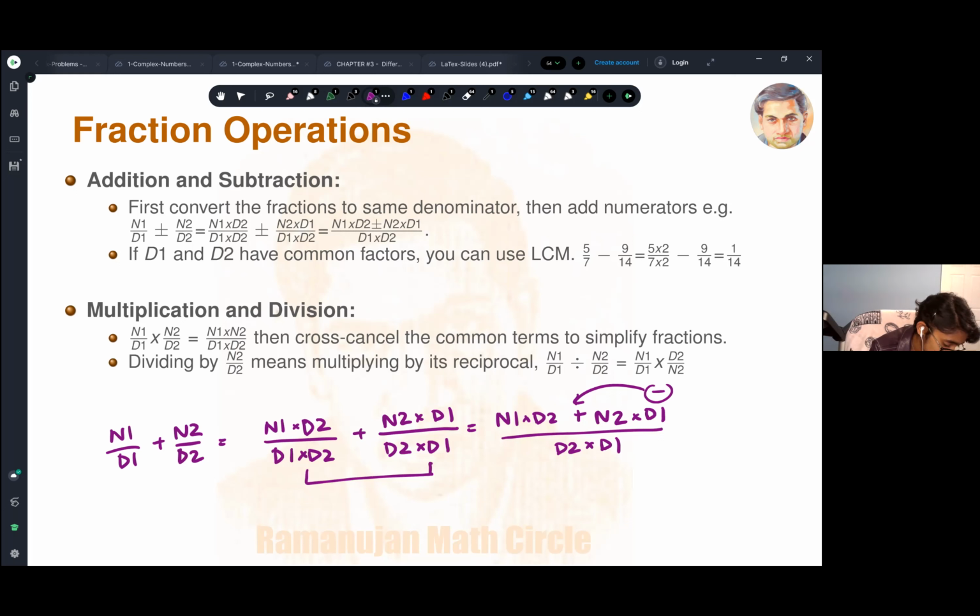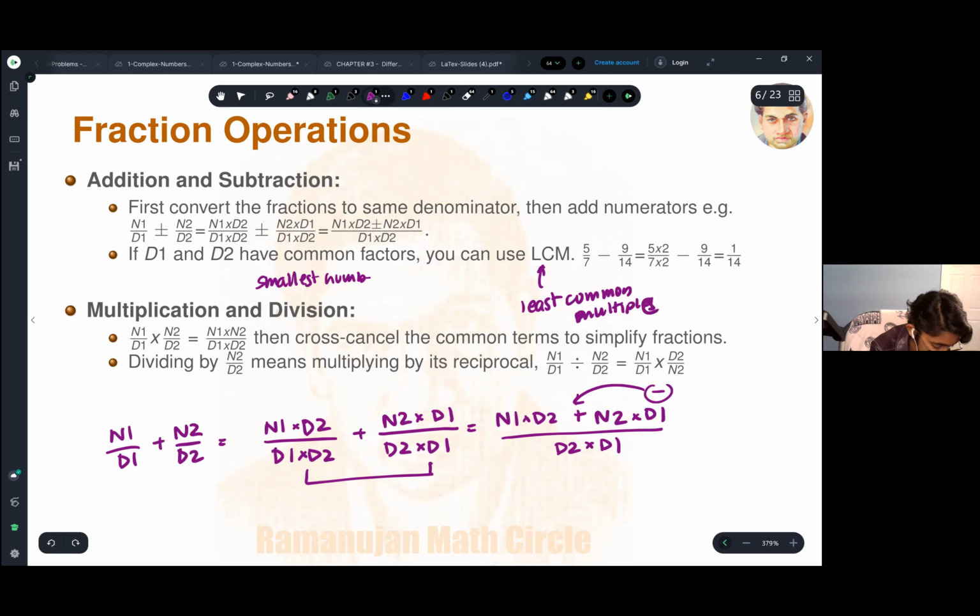If d1 and d2 have common factors, you can use the LCM. For those of you that are aware of the LCM, you can make use of that. LCM stands for least common multiple, and it means the smallest number that divides both numbers.